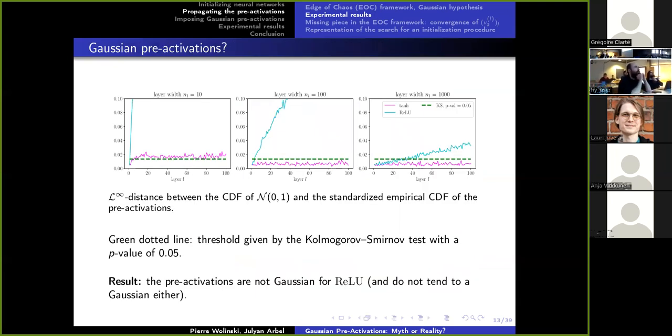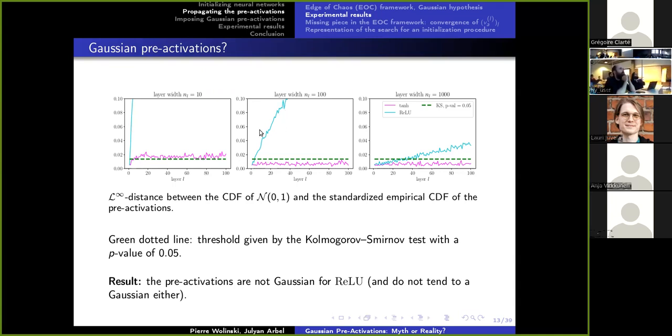And more importantly, you don't have Gaussian preactivations. Here I've plotted the L infinity distance between the CDF of the Gaussian and the CDF of the distribution of the preactivations during propagation, so on the x-axis you have the layer at which we observe the distribution of the preactivations. For ReLU, it clearly doesn't tend to 0 in any case. If it tends to 0, then it's approximately Gaussian.